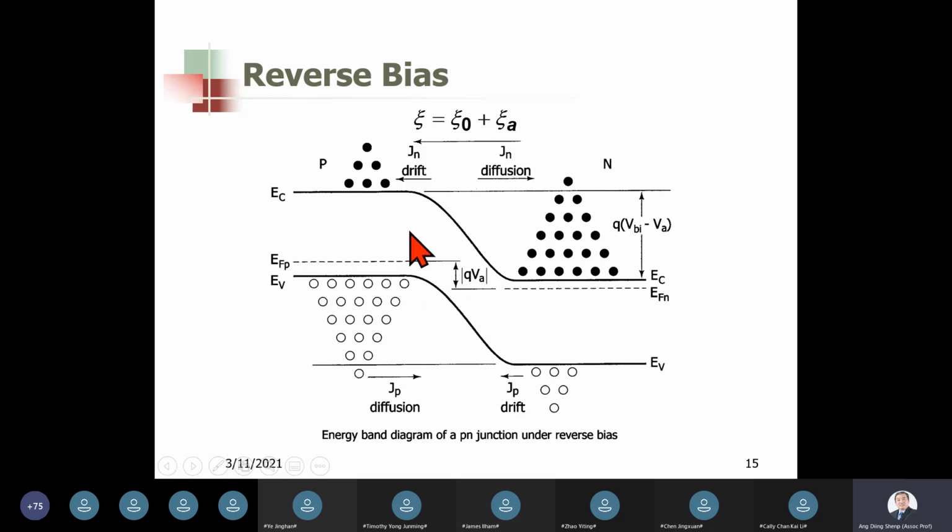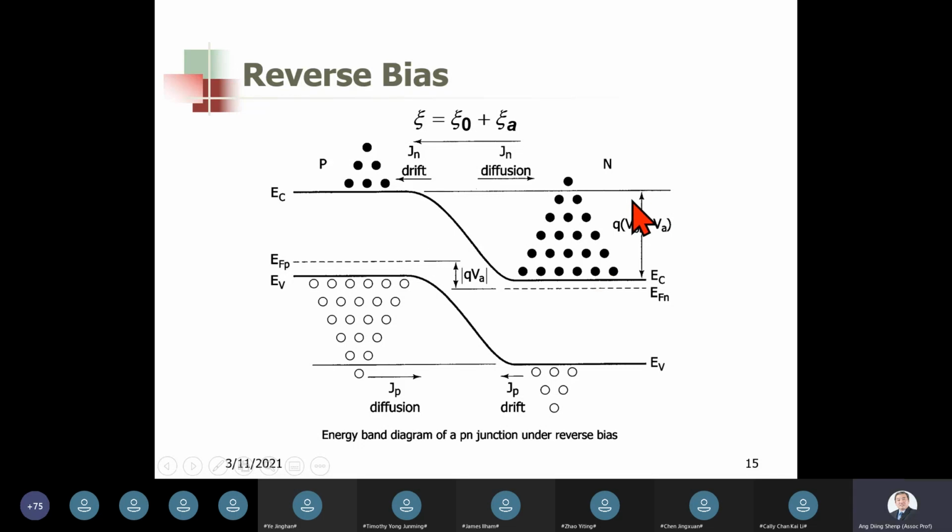So this relative shift in the band diagrams of the P and N sides results in a larger junction potential and a steeper gradient of the energy band diagram, reflecting a larger electric field across the junction.